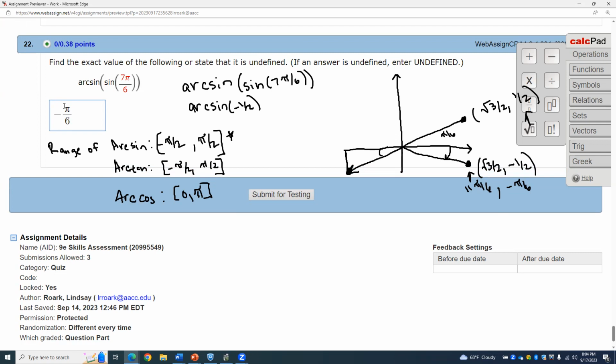How do I write pi over 6 as the reference angle so that it has a negative y value, but is between negative pi over 2 and pi over 2? And you'd be like, oh, okay, that would just be negative pi over 6. So you might not have to go through the whole shebang, but the shebang's not bad, as long as you have those key first quadrant values memorized. You'll be good to go.